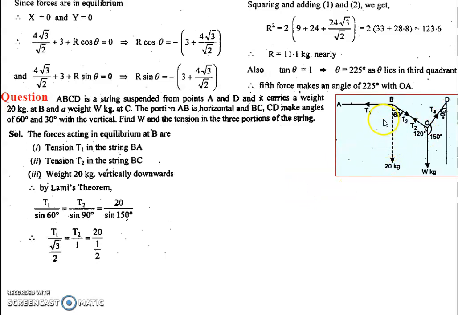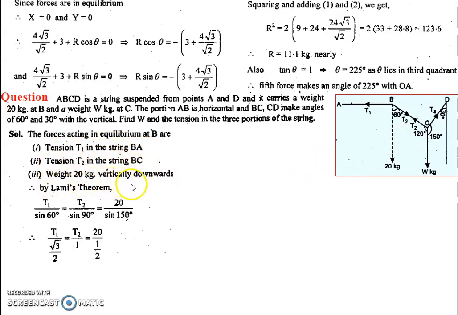So, let the forces acting in equilibrium at B be: 20 kg downward, tension T1 in the string BA, and tension T2 in the string BC.